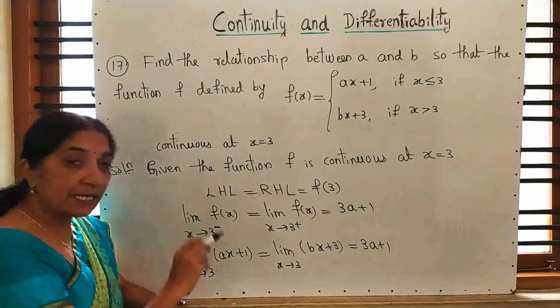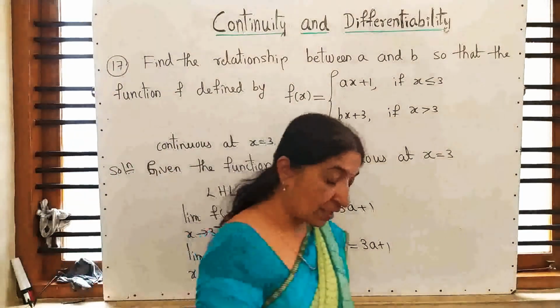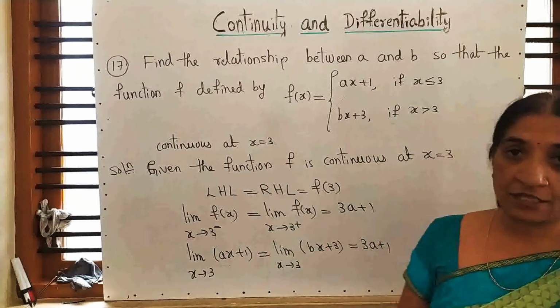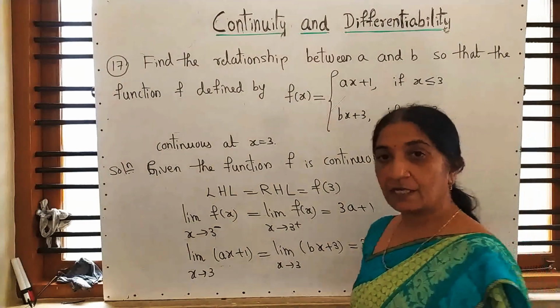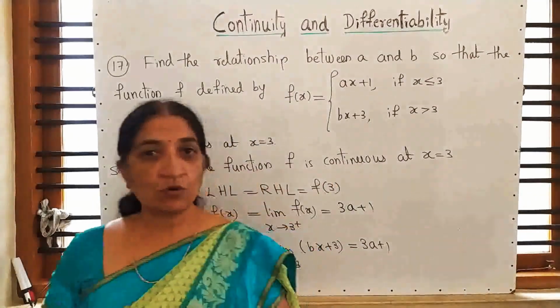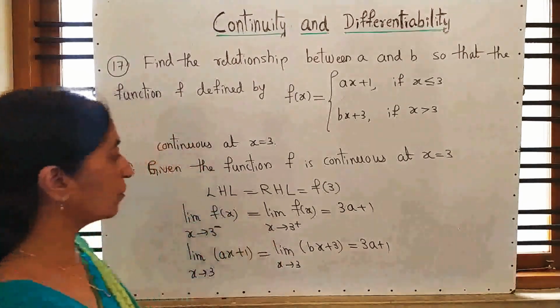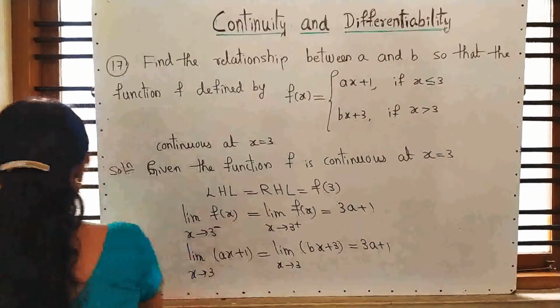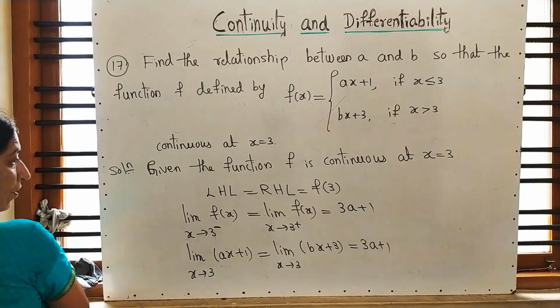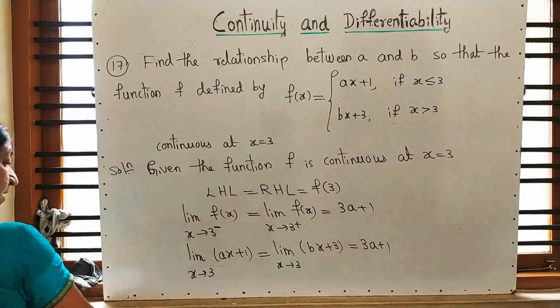See here, in the problem it is already given the function is continuous at x is equal to 3. That means indirectly they have given you left hand limit is equal to right hand limit is equal to the function at that value. Because they already gave it, that's why we wrote it.